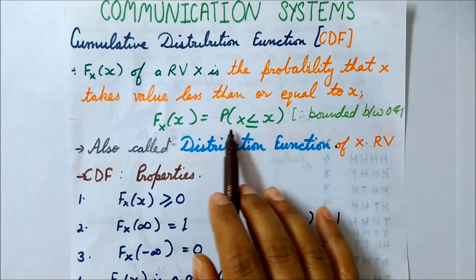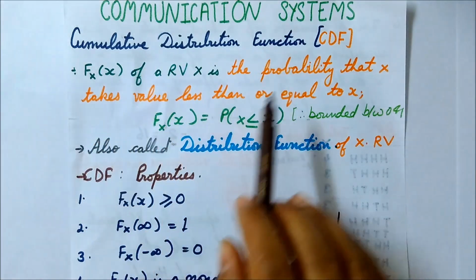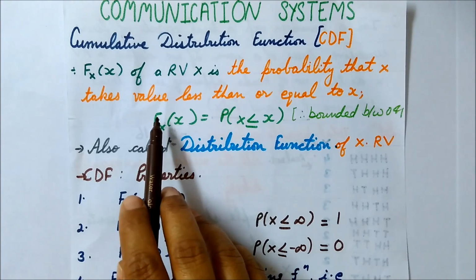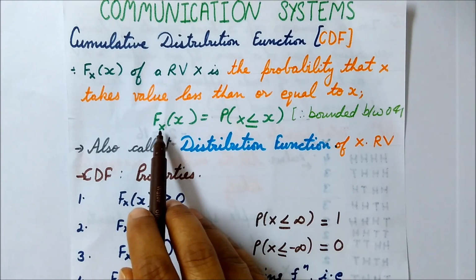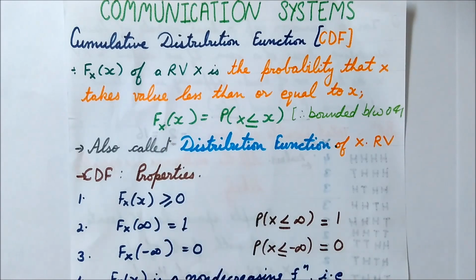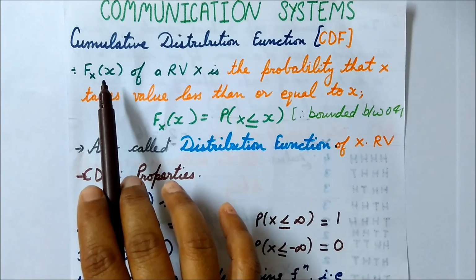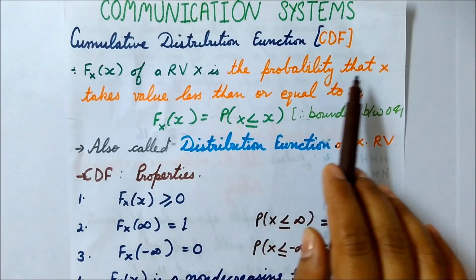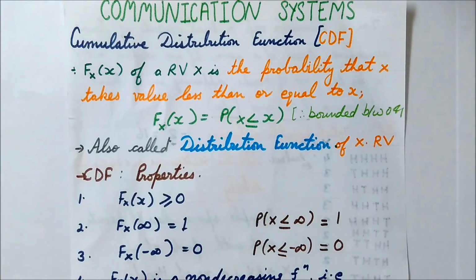This term is called the cumulative distribution function, CDF, and it is written by capital F. In the suffix you have the random variable capital X and inside you have the dummy variable small x. So this cumulative distribution function Fx of small x is the probability that random variable capital X takes values less than or equal to small x.